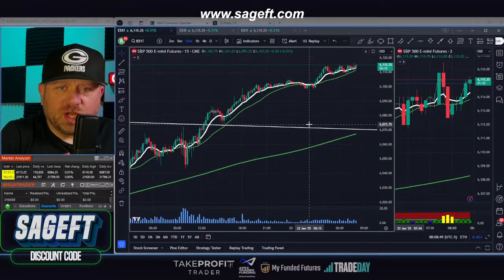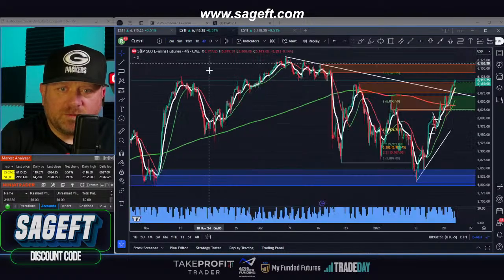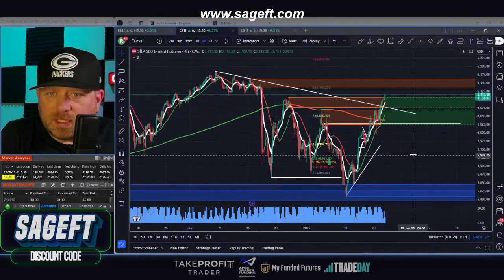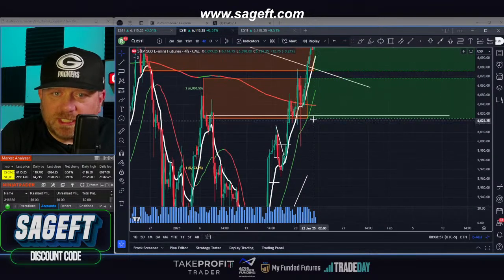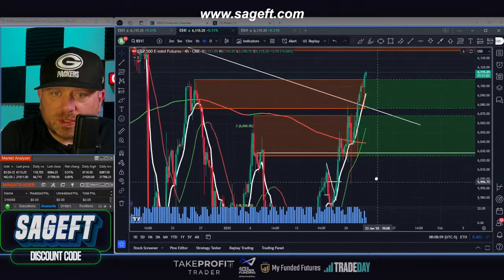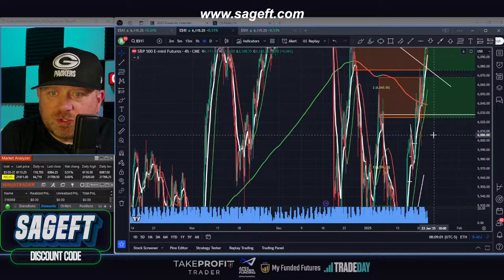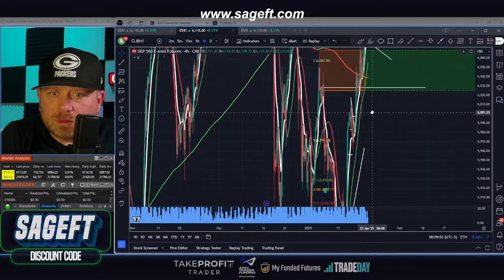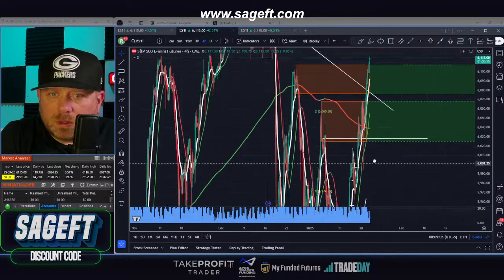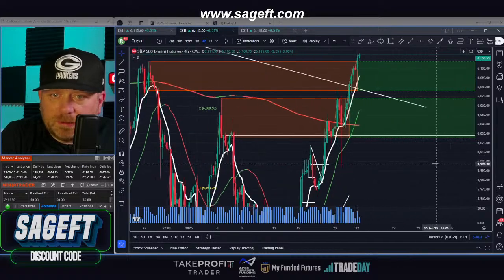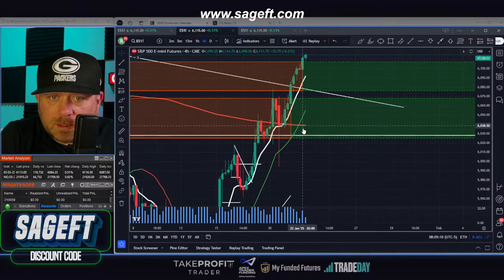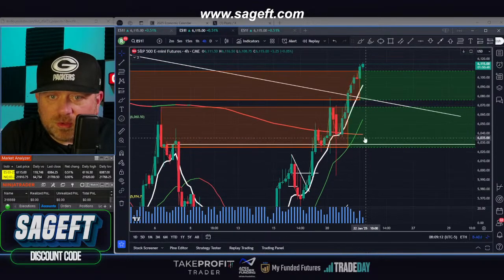Okay, 15-minute chart, up and away in position 1. 4-hour chart, is it in position 1 yet? Did it turn the 4-hour 200 green? Oh, so close.